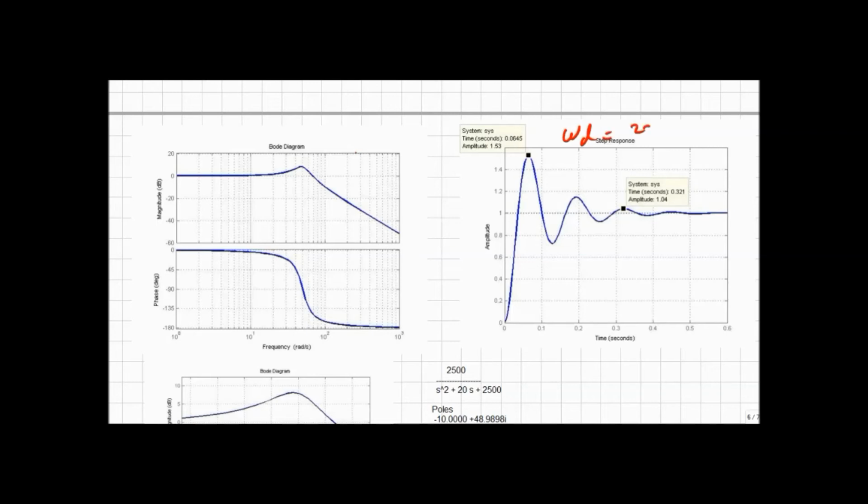equals 2 pi over Td, where Td is the damped oscillation period.